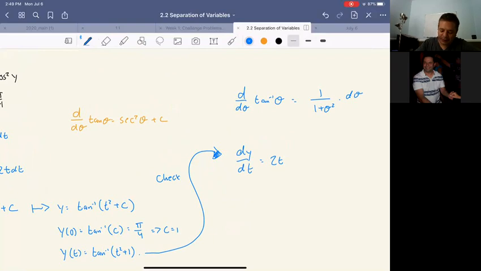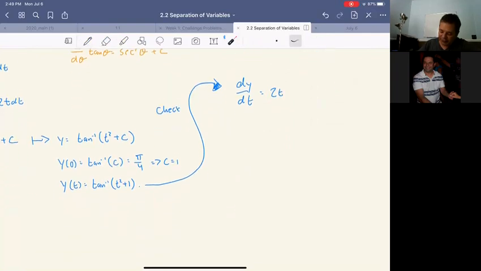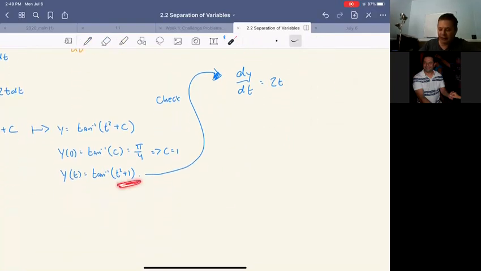Right? So let me write it as theta prime. Noting this as the derivative of, I don't need the theta prime here because I'm doing it with respect to theta. So the 2t here is the derivative of what's inside the arctan.